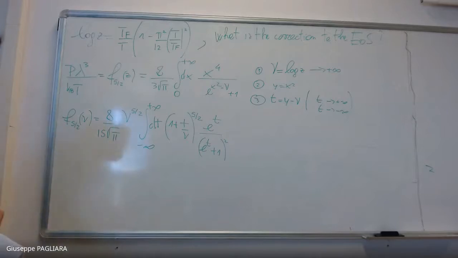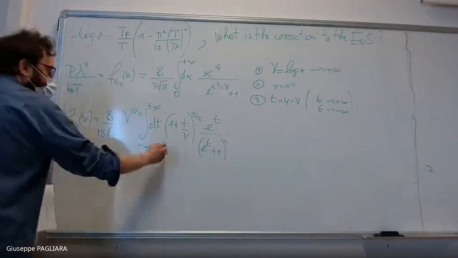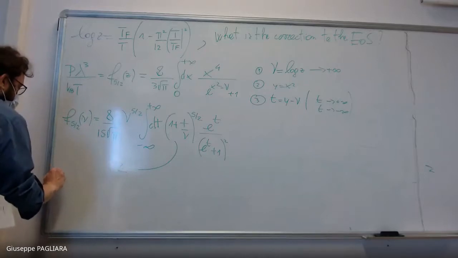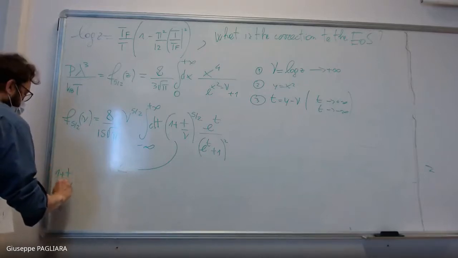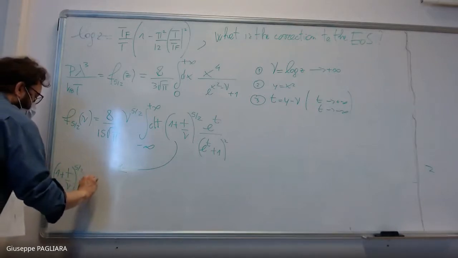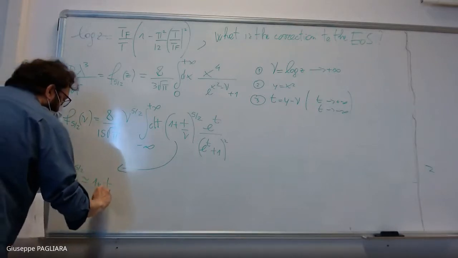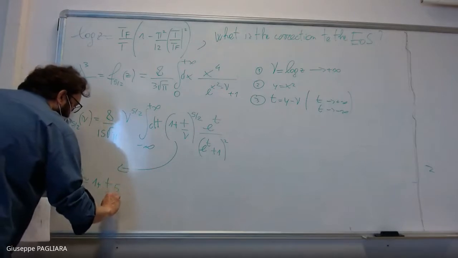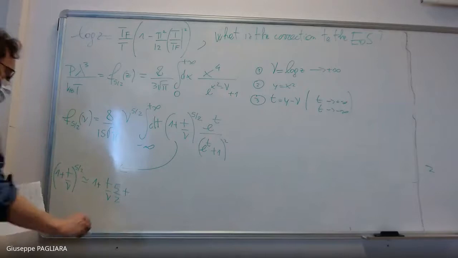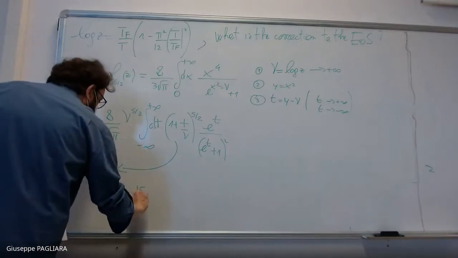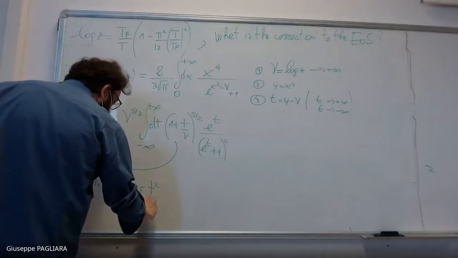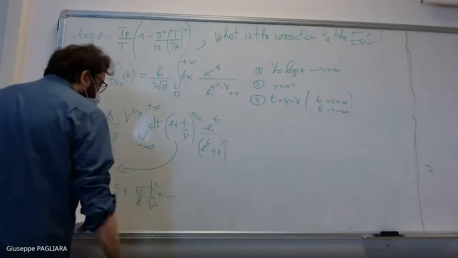Now, as before, one expands this function. So 1 plus t divided by mu to the power of 5 halves is equal to 1 plus 5 halves t divided by mu, plus the quadratic term, which in this case is provided by 15 divided by 8, that one can compute, of course, times t squared over mu squared, plus other terms.